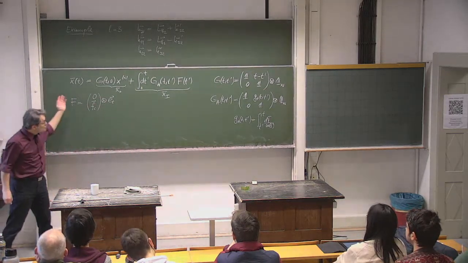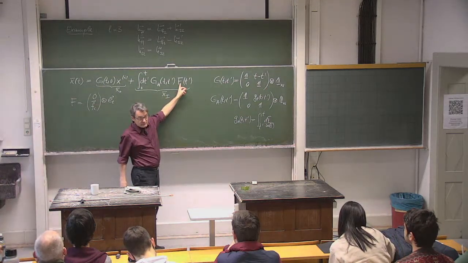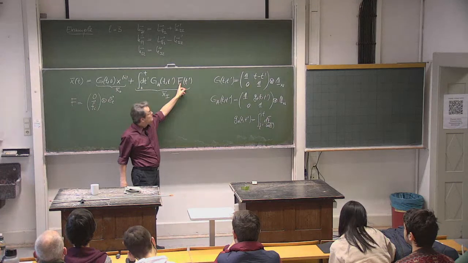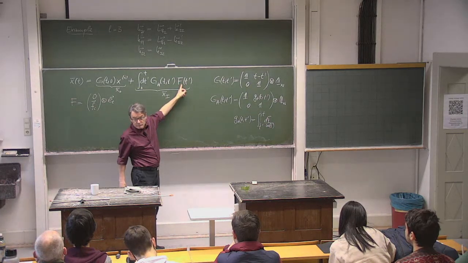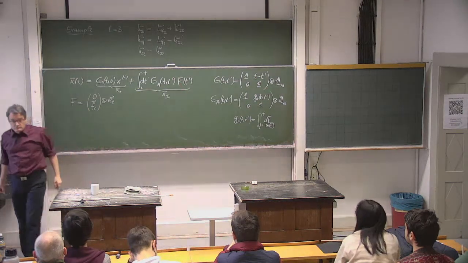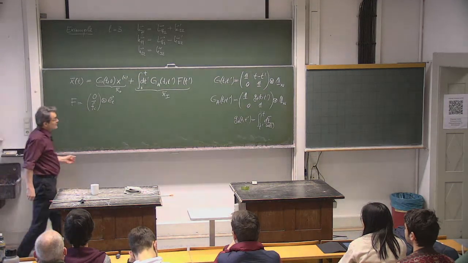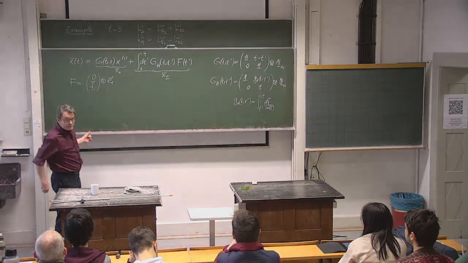That's the complete solution. The problem is, of course, that we do not know where in space and at what time we would have to evaluate this force term here. So this is a formal solution. And to work it out exactly requires some iterative perturbation scheme. Nonetheless, that's the exact formal solution.